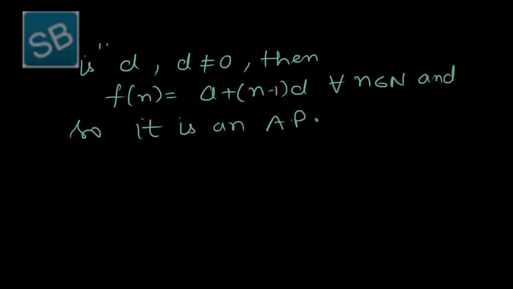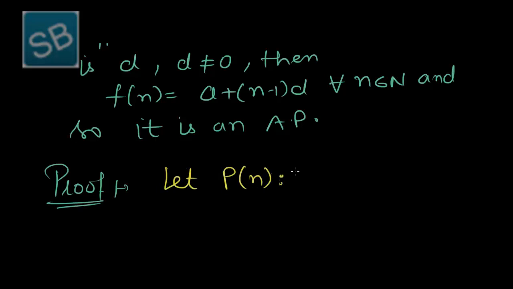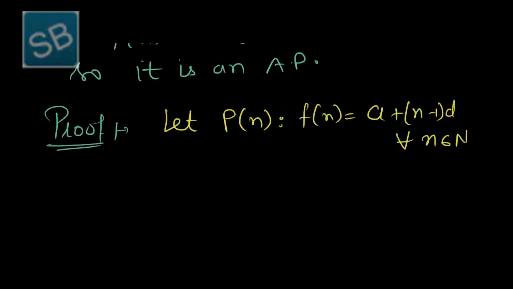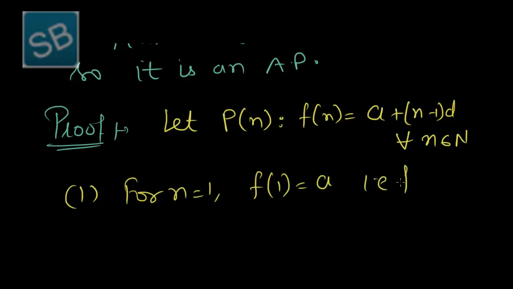Now we have to prove this denotes the nth term of an AP sequence. So we will prove this theorem by using the principle of mathematical induction. For this, let first of all Pn be: f of n is equal to a plus n minus 1 times d for all n belongs to N. Now first step, for n is equal to 1, f of 1 is equal to a, that is the first term of the sequence that is given.